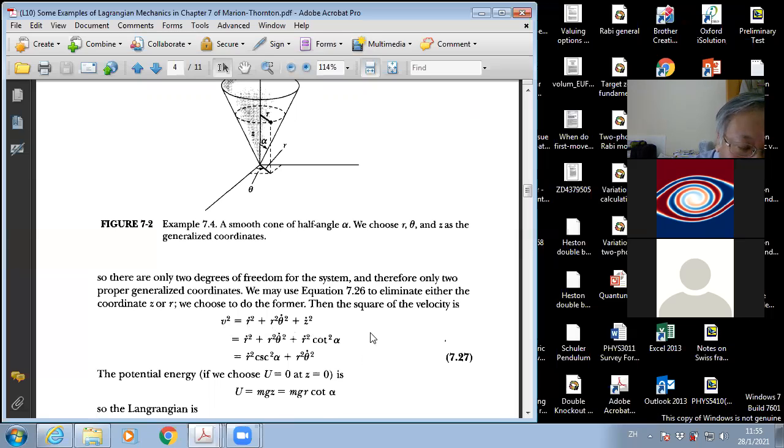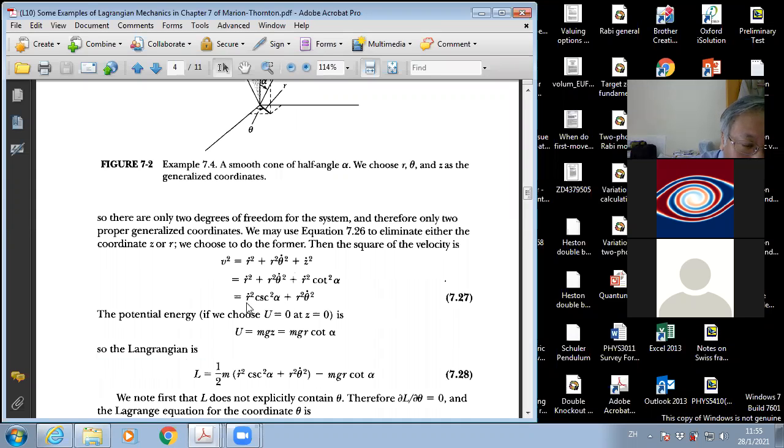And we express these three terms in terms of the radius and theta and also alpha. Now you realize that the alpha is a constant here, all right? It's a constant parameter. So after simplification, we realize that v square is equal to r dot square times cosecant square alpha plus r square theta dot square, all right?